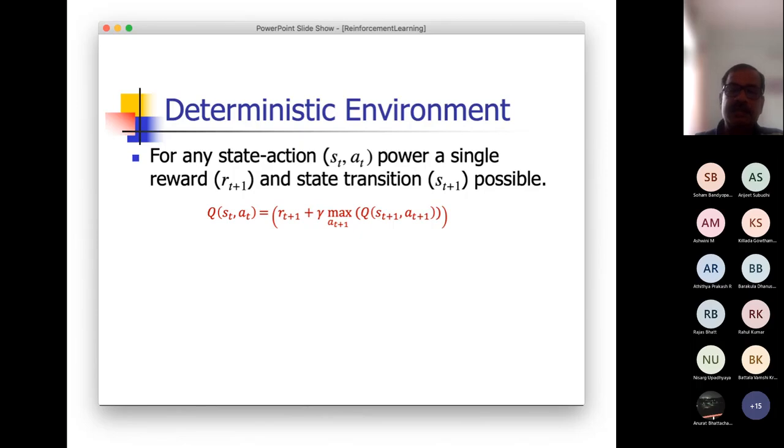So out of them, which is giving the maximum Q value. That discounted return you have to consider, and the reward you receive due to the action A_t on S_t.